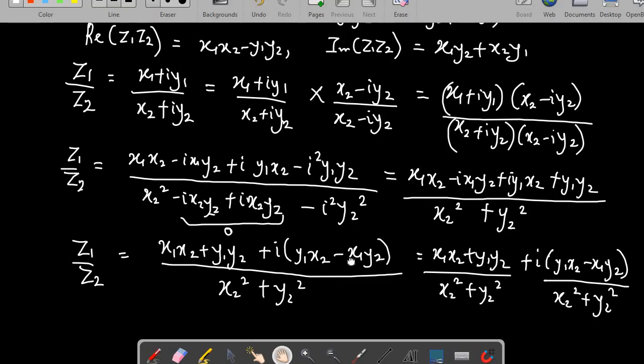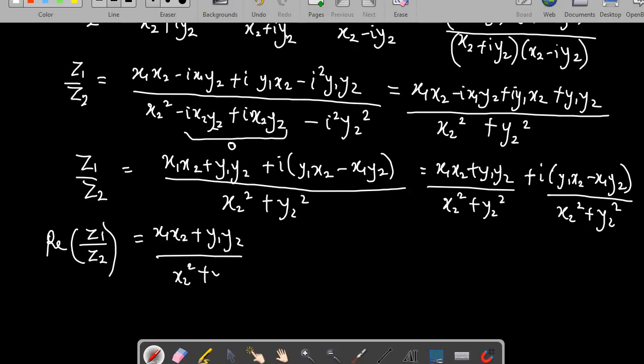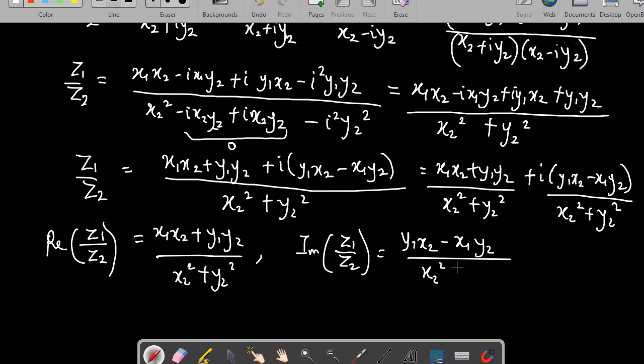So if you have been asked now for a question like this, now I can write that the real part of the division between z1 and z2 will be equal to x1 x2 plus y1 y2, okay, over x2 squared plus y2 squared, okay, and the imaginary part of z1 over z2, okay, is actually equal to y1 x2 minus x1 y2 over x2 squared plus y2 squared.